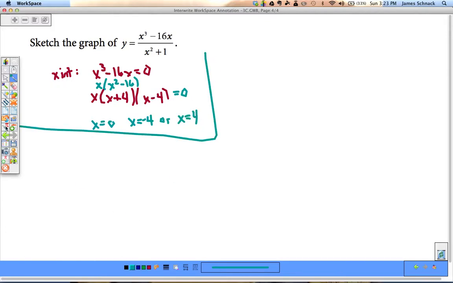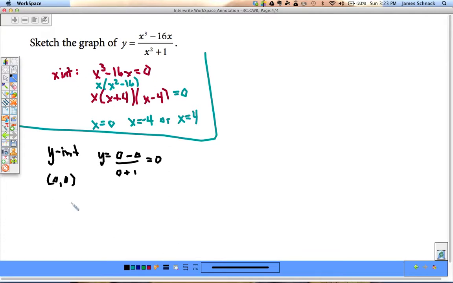So I'm able to reason that out without any help from the calculator. Likewise, I can find the y-intercept. I can find that by plugging in x equals 0. So the y-intercept is going to be y equals 0 minus 0 over 0 plus 1. That's 0. So the y-intercept is 0 comma 0.